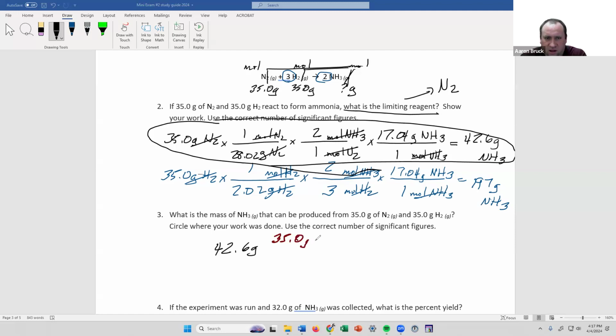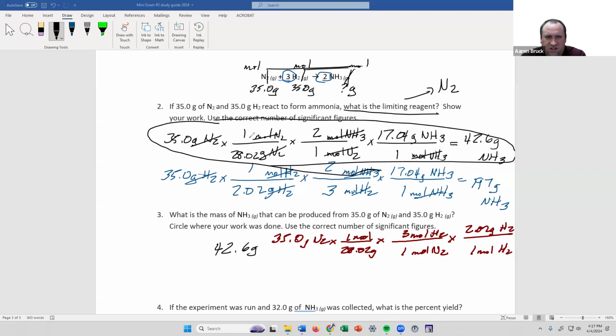35 grams of nitrogen. There are 1 mole of nitrogen for 3 moles of hydrogen, and every mole of hydrogen weighs 2.02 grams.